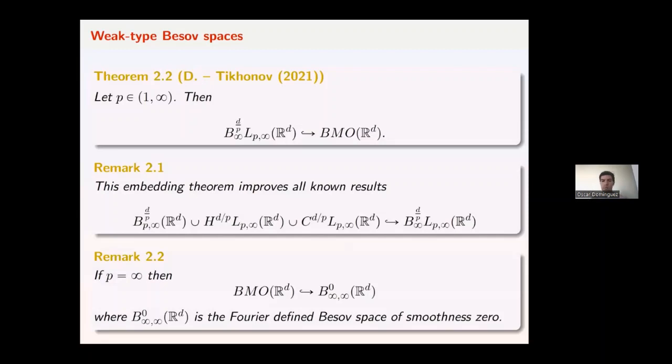So dealing with smoothness 0, it is very important to fix what is your method to deal with Besov spaces. So here we are dealing with Fourier analytically defined Besov spaces. So this means that the norm of this embedding blows up as p goes to infinity in this result.